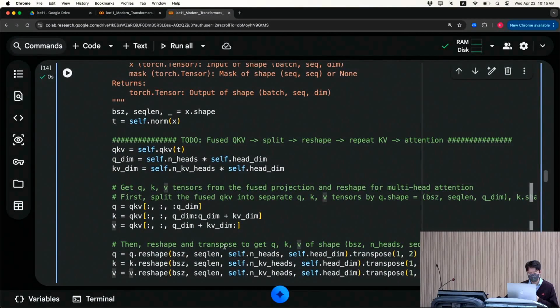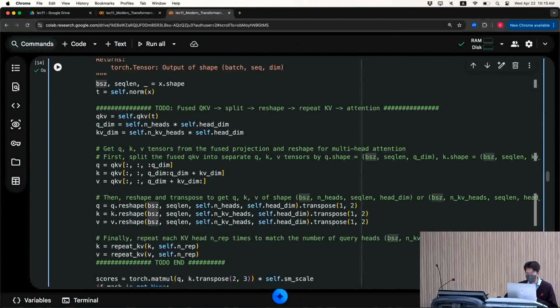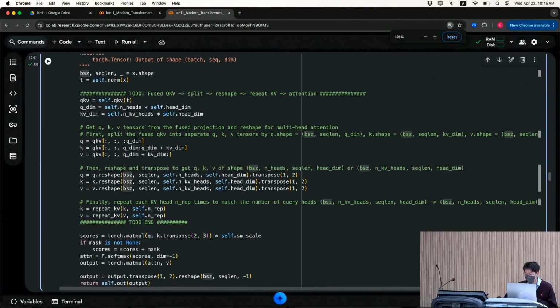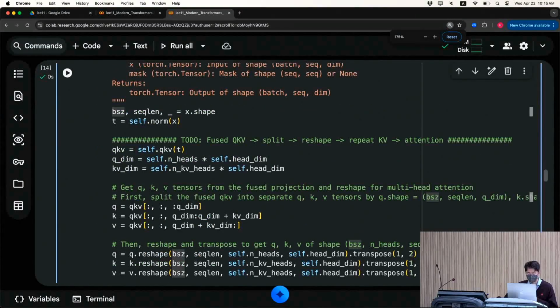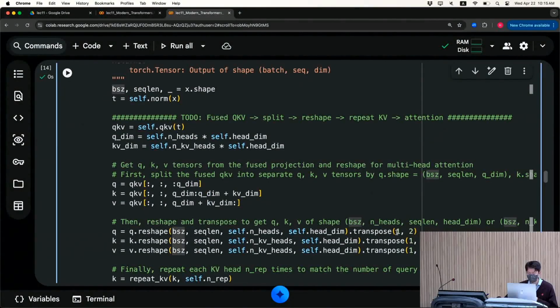And then we're going to reshape it so it's of size batch size, number of KB head, sequence length, and head dimension. So we're going to reshape it and then transpose the second and third dimensions so it matches the expected shape here.